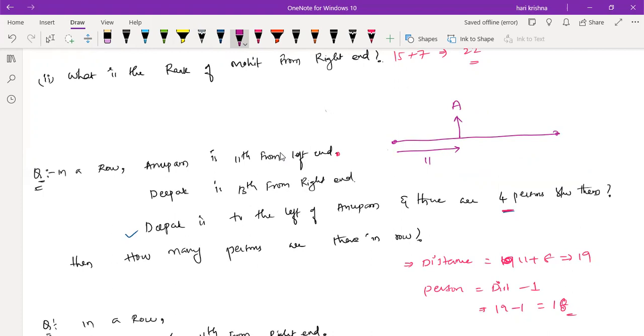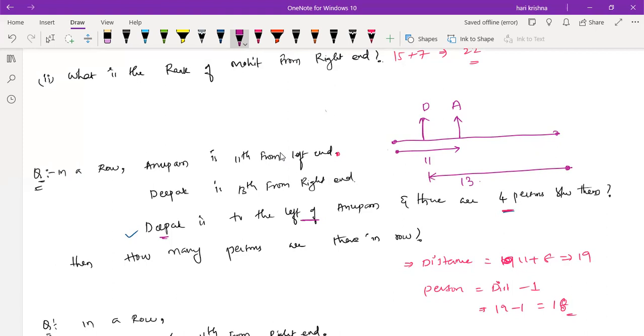And Deepak is 13th from the right hand. But at the same time, they said Deepak is left to the Anupam, right? Deepak should be 13th from the right hand, but Deepak should be left to the Anupam. Left means this one. So total distance from here to here is 13. Is it clear up to this?